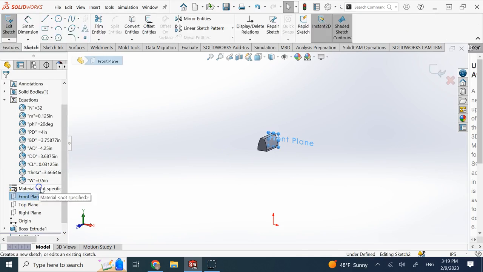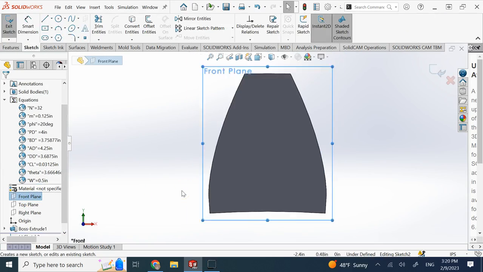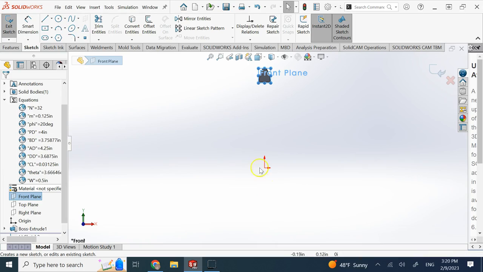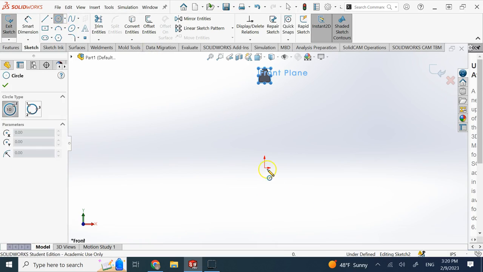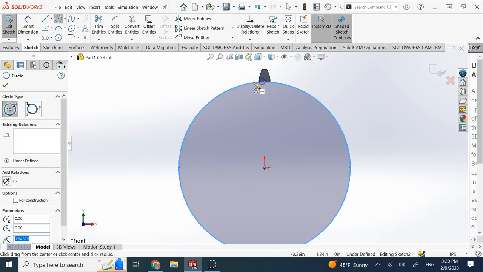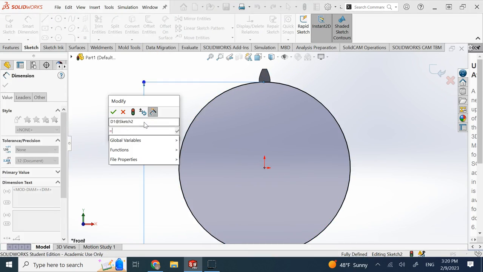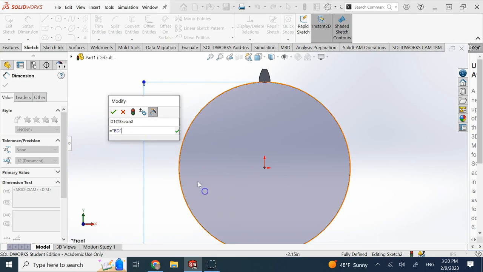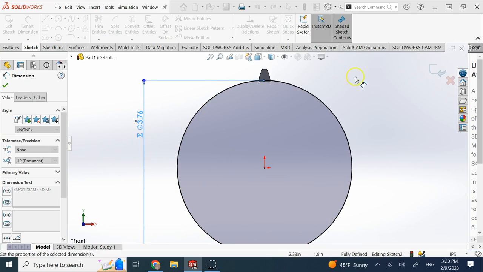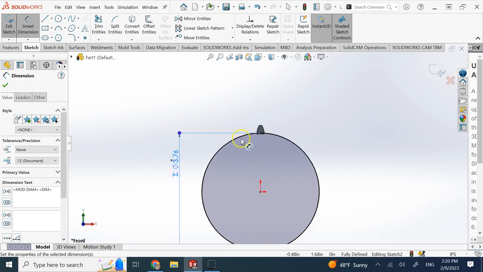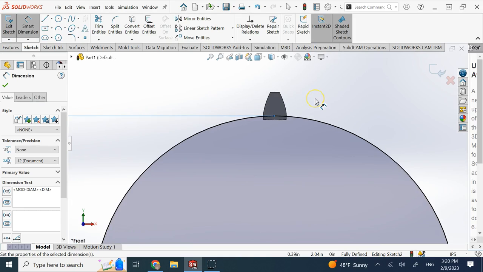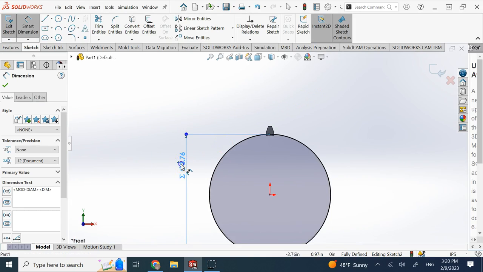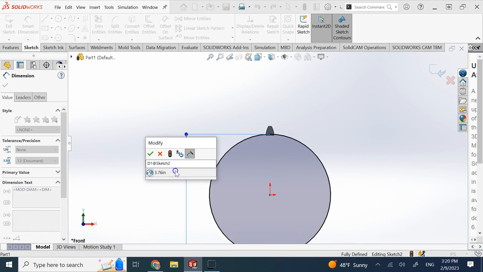The other thing you need is to go on the front plane and draw your base circle, right? You draw a circle that goes from here to there, and the diameter of this should be equal to the diameter of the base circle, or the root circle in this case, actually. So let me change this.